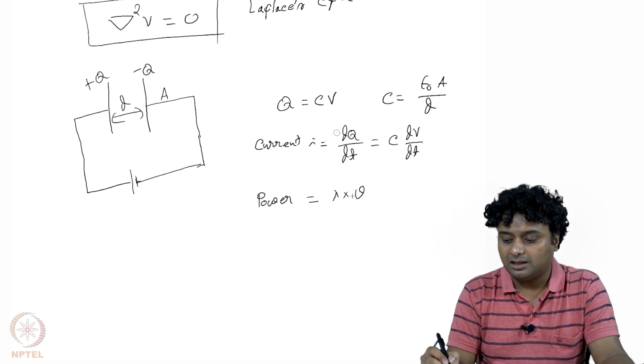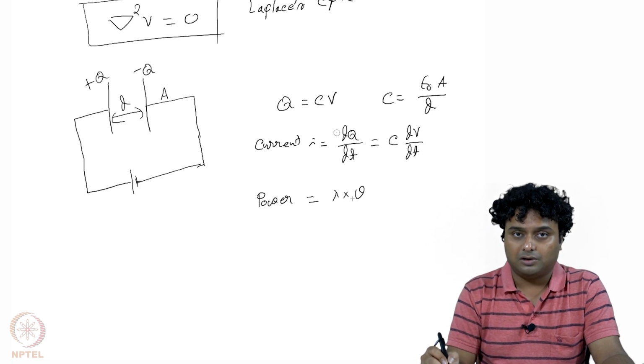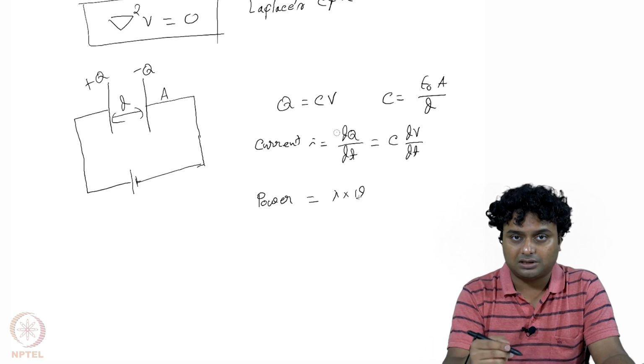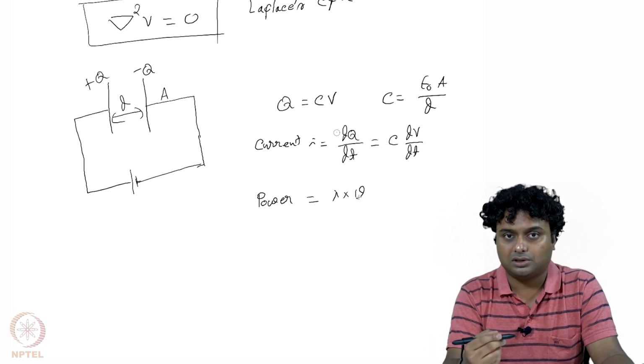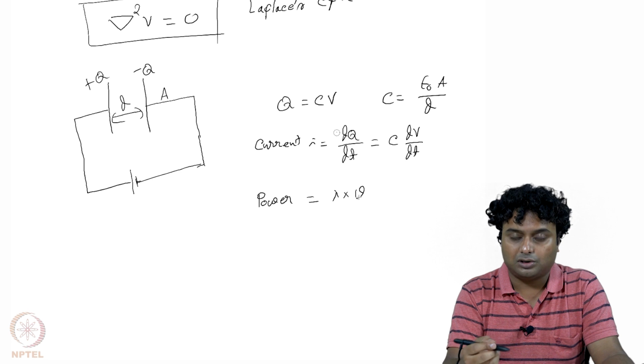Now this V and this I are not constant, because as the charge flows, the potential will also build up slowly. Let us say the capacitor was initially not charged, so it was at 0 charge and the potential was also 0.